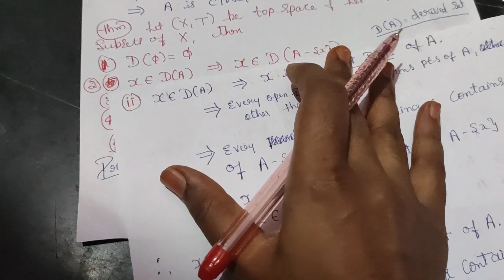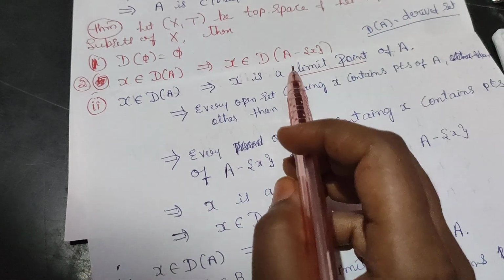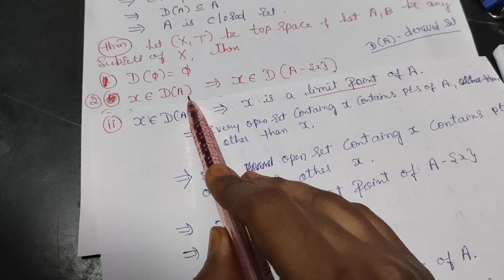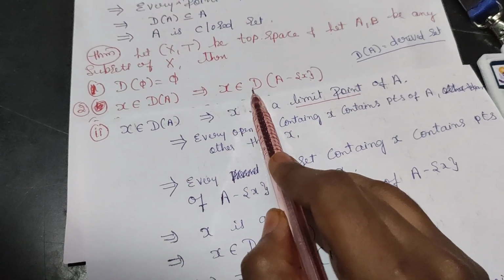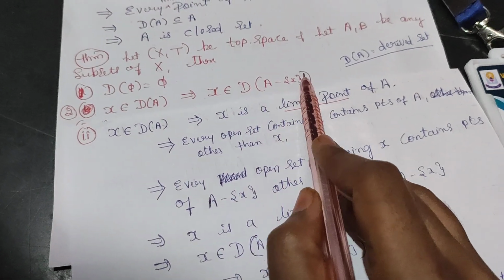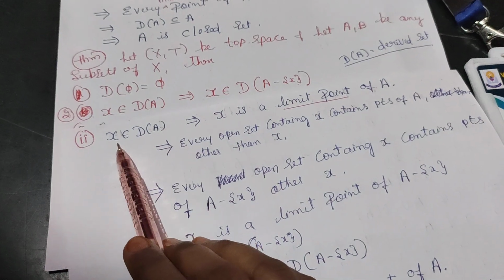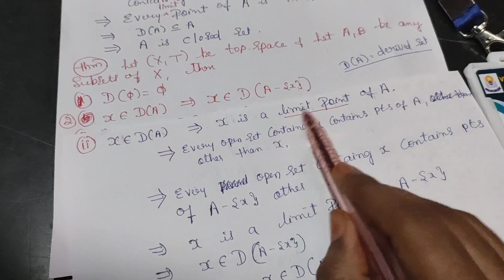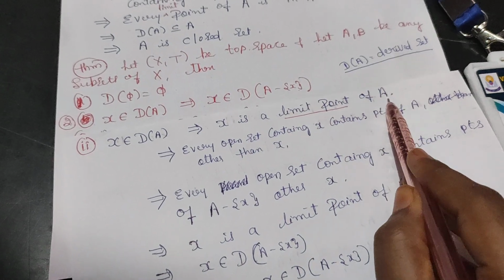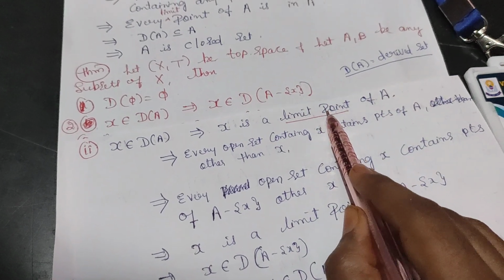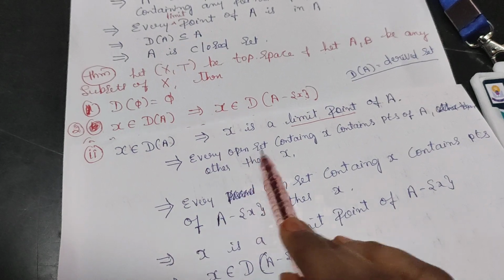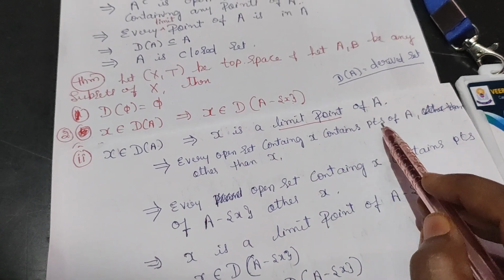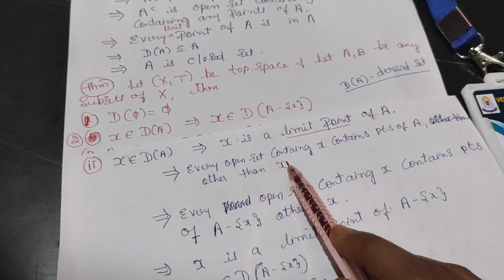Secondly, we have to prove that, suppose x belongs to D of A, then x belongs to D of A minus {x}. Here x belongs to D of A implies x is a limit point of A. So by the definition of limit point, every open set containing x contains points of A other than x.